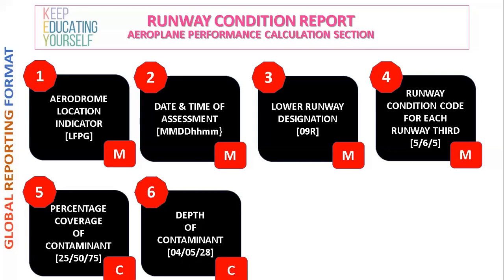It has to be done for each runway third, and it can be a 2 or 3 digit number. So suppose the first third is 0.4 mm, the second third is 0.5 mm, and the third third is 28 mm. So in millimeters, what is the depth of contaminants? These are all in millimeters for each runway third, beginning from 0.4 and the third is 28.